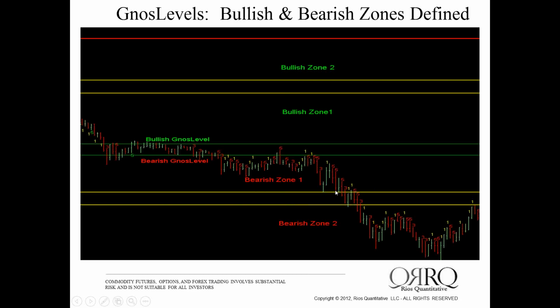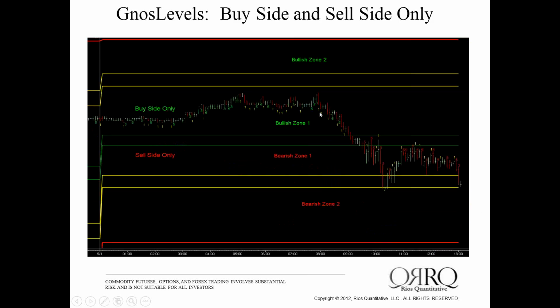They are not meant to go long against, because we're going short here on a Gnostic 5, and we're looking for these levels or just above as targets. The resistance or support levels break the region into its own zone. Just remember one thing: all price action above the upper green line is the buy side only.